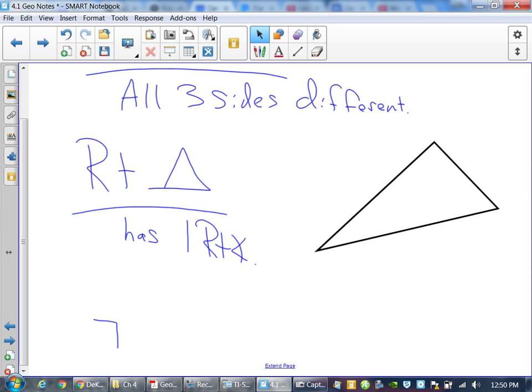So, if you have a right triangle, you'll have a right angle. In a triangle, how many total degrees are there? 180. So if we take out the 90-degree angle, how many degrees are left?